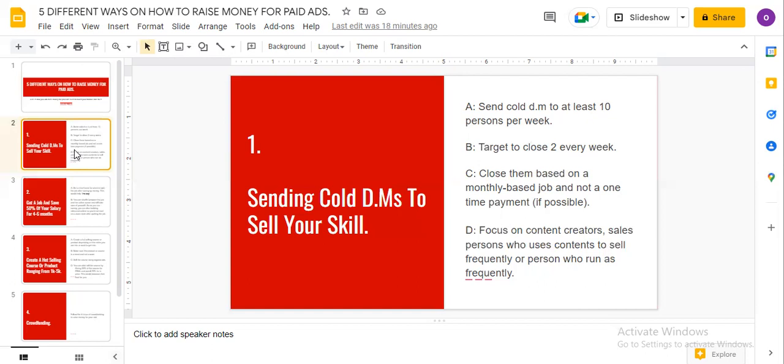I'm going to create everything relating to graphics for you, and then just make sure to pay me 100K per month, depending on your charges. Make sure to pay me 1 million naira per month. Make sure to pay me 500K per month. Now, when they start paying you this money per month, you now know that you have at least a constant cash flow every month. Now you can pick out a particular percentage from this cash flow to run ads.